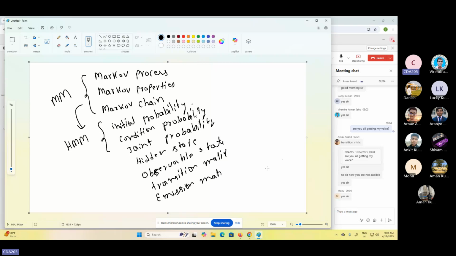So these are the things we covered in the hidden Markov models. So does anyone have any doubt in this topic? If you don't understand any of the topics, you can ask, I can explain. Anyone has any doubt?